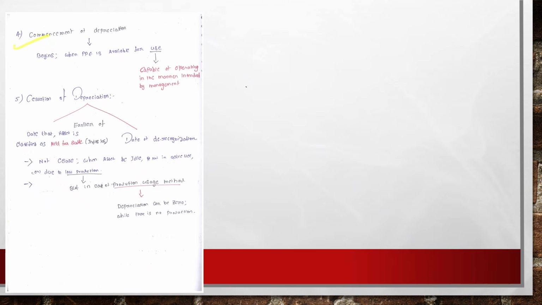And the fourth point is commencement of depreciation. When PPE is available for use, capable to operate in a manner intended by the management. Whenever your intention is reached, then you start the depreciation for that particular asset. And when you cease the depreciation, the cessation is the earlier of when the asset is classified as held for sale, or when you de-recognize it.